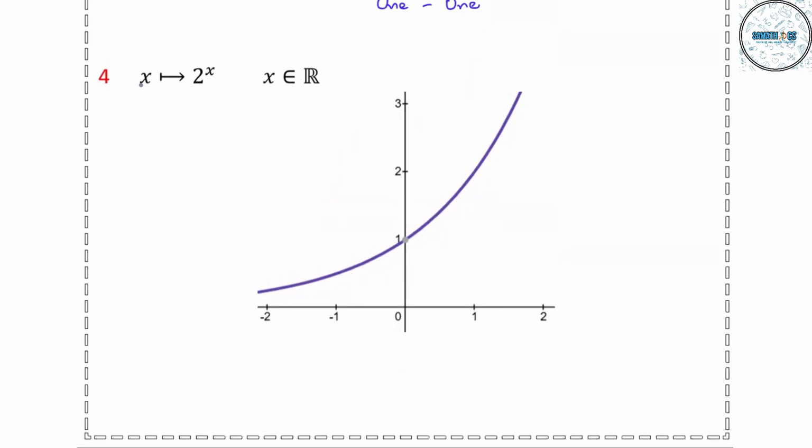We have x is mapped to 2 power x. We can see for one value of x, we have just one output. So it is also 1 to 1 mapping.